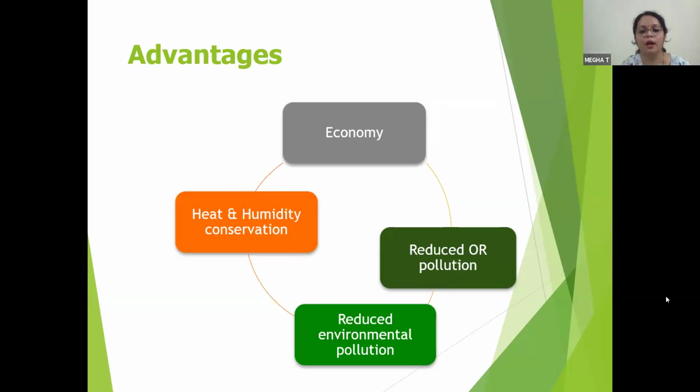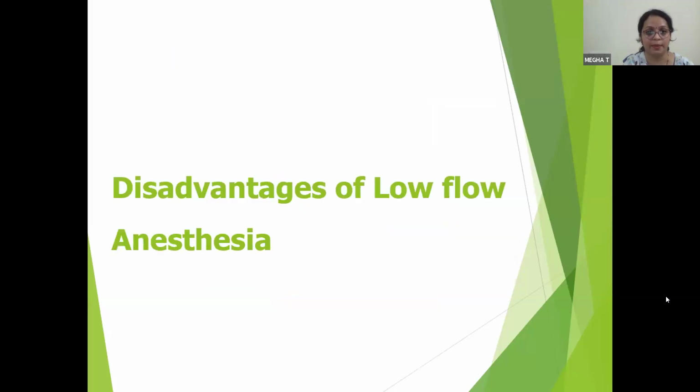Humidification and warming: after the absorption of CO2, heat and water are released, which add on to the fresh gas flow, and hence heat and humidity is conserved. This is important because it maintains and preserves the mucociliary clearance by having an effect on the respiratory epithelium.